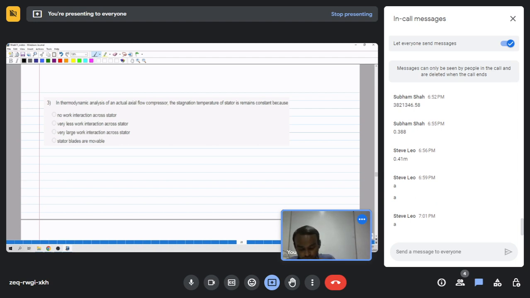Yeah, option A is right because there is no work interaction across the stator. Only the rotor will have work interaction, and stagnation temperature will increase across the rotor, not across the stator.